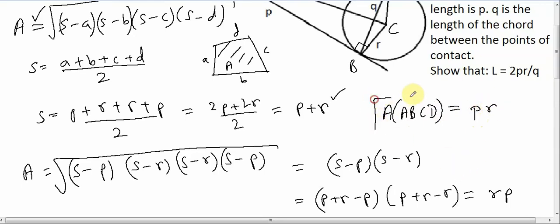So let me box this equation, and this is equation number 1.